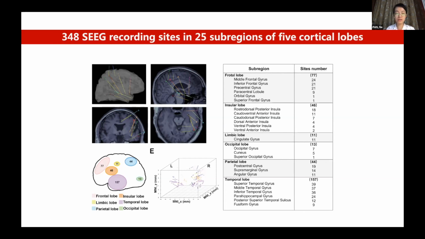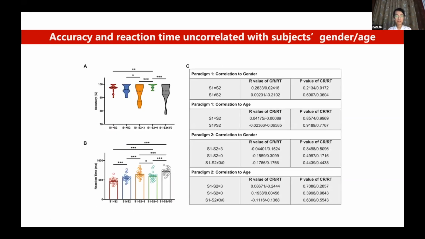For this task, the behavior results show that all the patients finished the task with very high accuracy, and the reaction time showed a very typical property of numerical cognitive activities, that is the problem size effect.